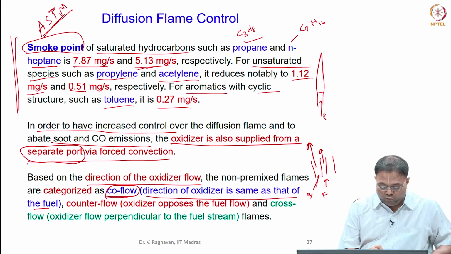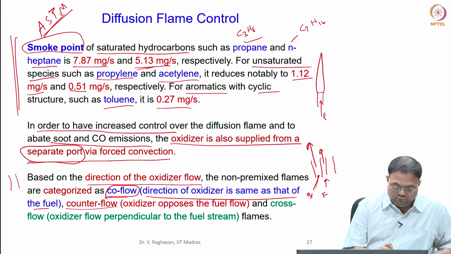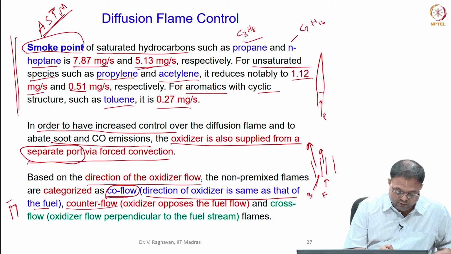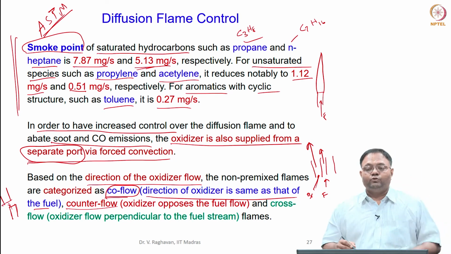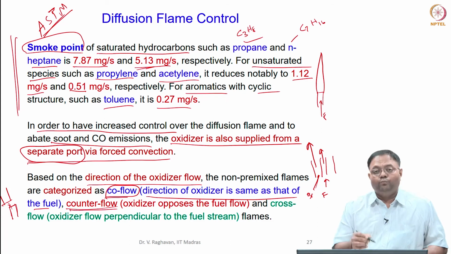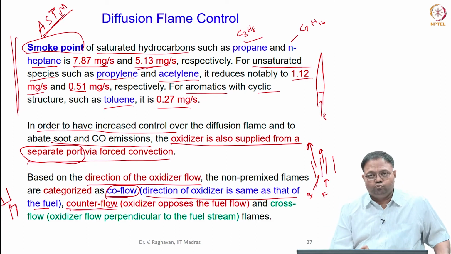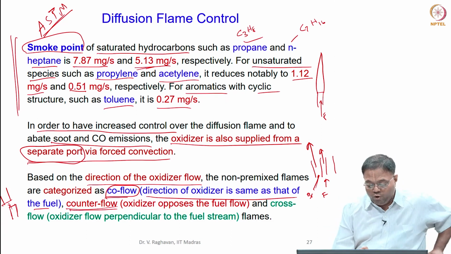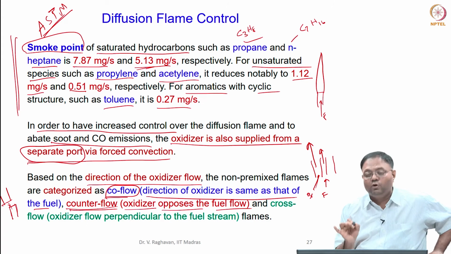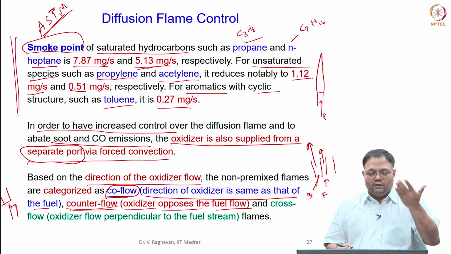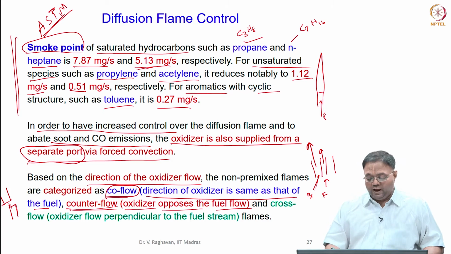Second is counter flow. I can have fuel coming out like this, and the oxidizer will come out in the opposing direction, opposite to this. So counter flow, or opposed flow also we can say. The oxidizer flow opposes the fuel flow direction, it is exactly opposite to the fuel flow direction.